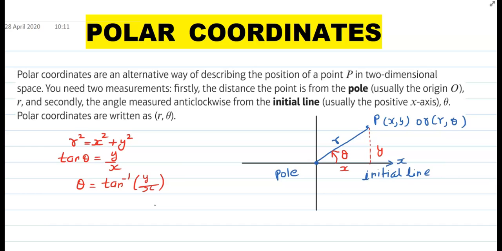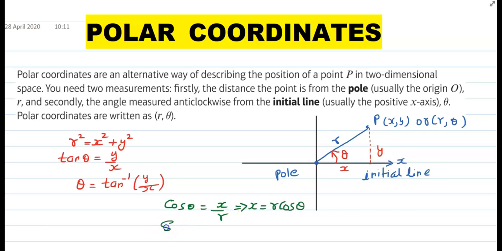If we want to develop a relationship between x and theta, and y and theta, what will be the relation? From SOHCAHTOA we know cos theta equals x over r. So this gives x equals r cos theta.